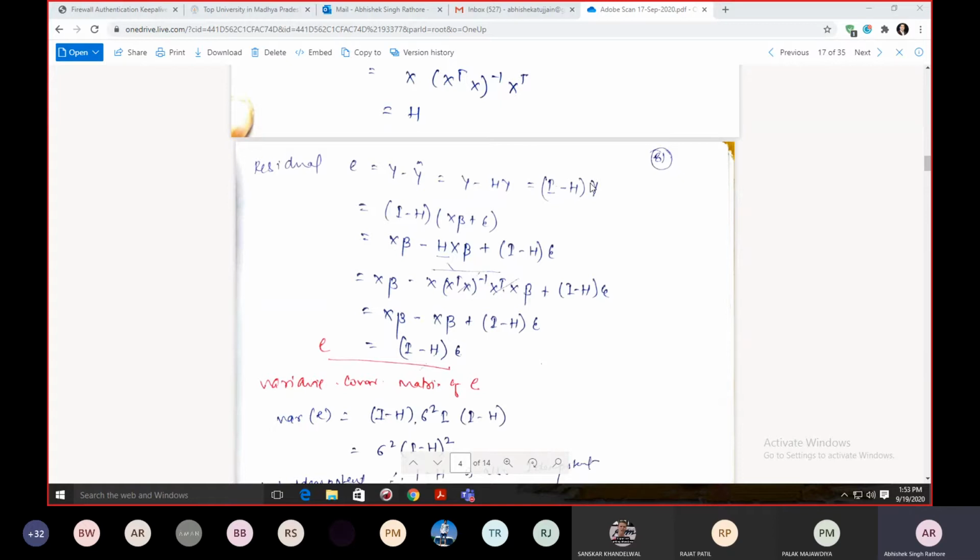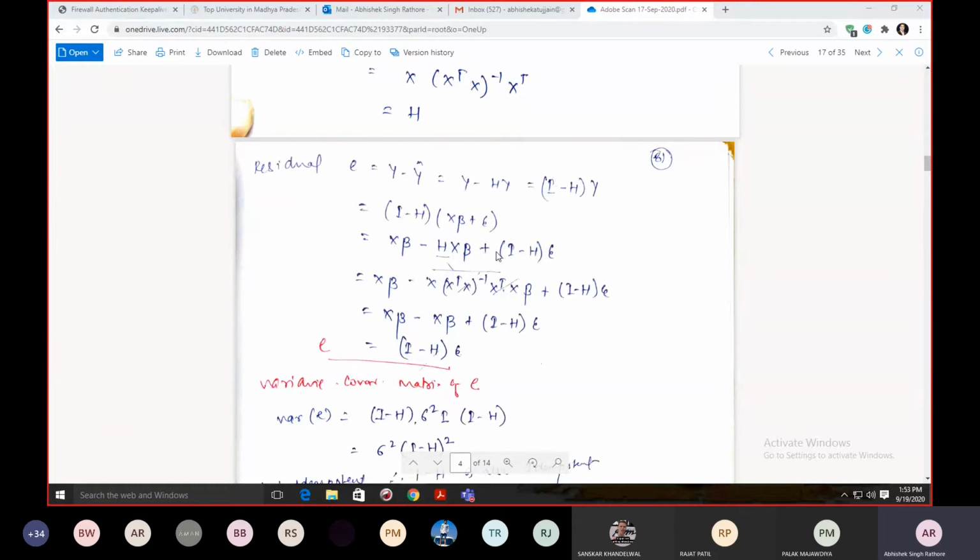Now we are going to calculate the residual. So what are these residuals? The residual is your y minus the estimated y, or we can replace this estimated y by y minus Hy. So what we'll get? We'll get (I minus H) y. So this is identity minus H into y, which is your residual. Again, solving this (I minus H) into y, I can replace y by X beta plus epsilon.